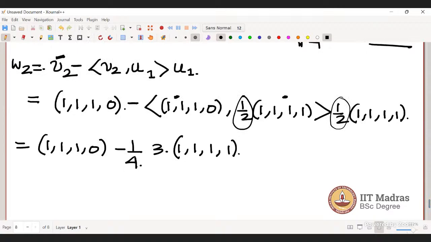So this is 1 by 4, 1 by 4, 1 by 4, and minus 3 by 4.